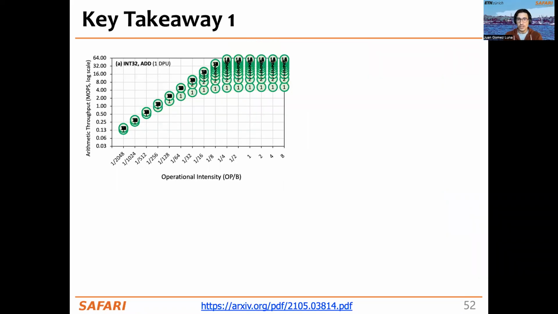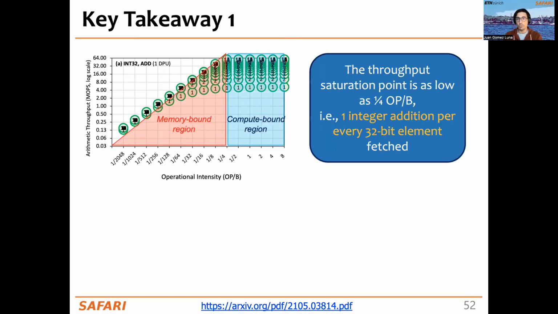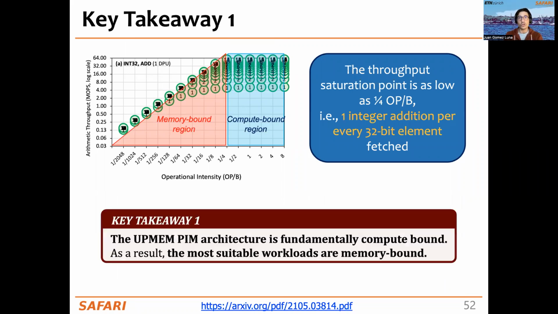For this lecture, the key takeaway is that there is a memory-bound region and a compute-bound region, and the throughput saturation point, that is the transition between these two regions, is pretty low in general. So we can consider that the UPMEM PIM architecture is fundamentally compute-bound. So we expect that the most suitable workloads are memory-bound on conventional processor-centric systems such as CPUs and GPUs.